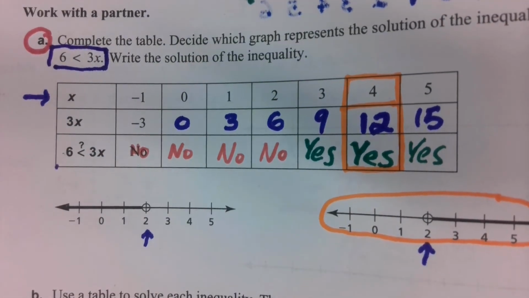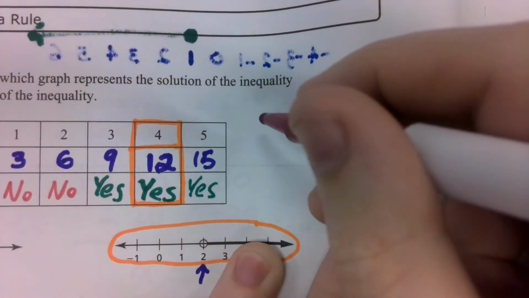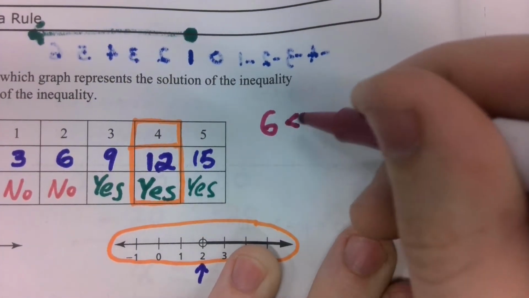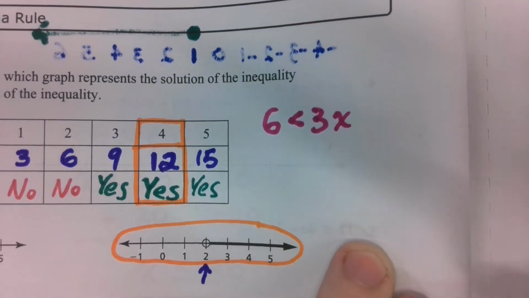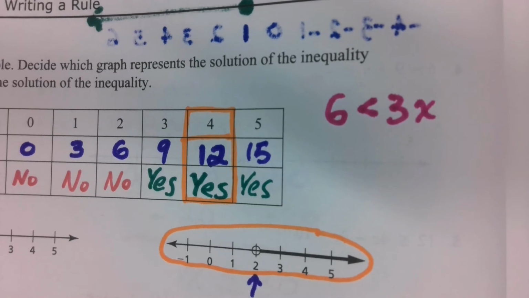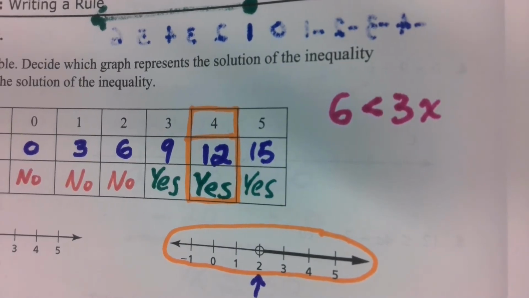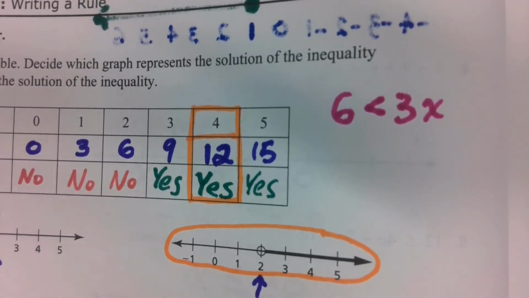But do you have any ideas, especially based off what we learned in Unit 1, for what we could do to get it by itself? If we have 6 is less than 3x, and we want to get the x all by itself, because that's what happens when we have a solution, what's stopping it from being by itself? Well, it's this 3.